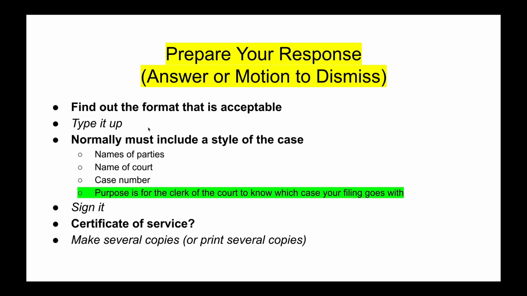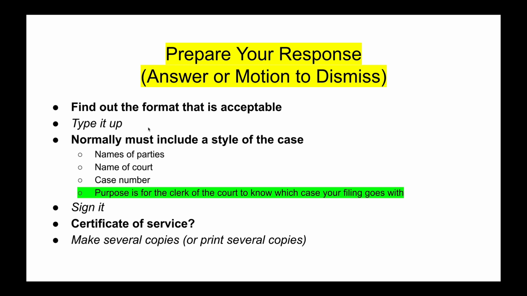Now, normally you would have the style of the case. Well, what does that mean? Well, that lists the parties. So Midland Funding versus Joe Blow, okay? The name of the court. So this might be in the District Court of Jefferson County, Alabama. We're in the District Court of, whatever, Pasco County, Florida. Okay.